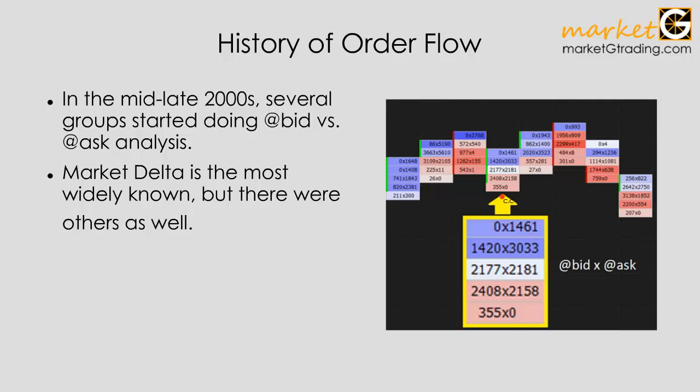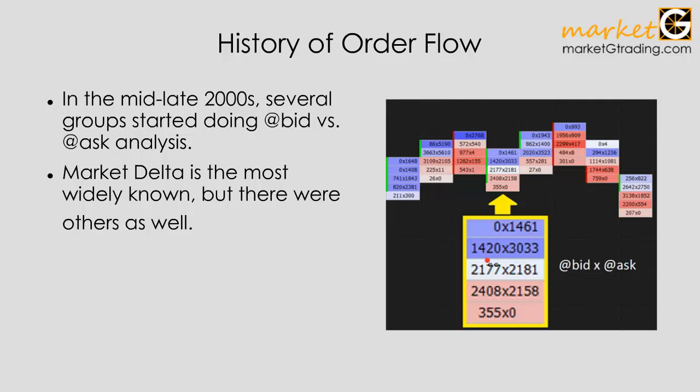Basically, they were looking at the volume at every price, but then breaking it down as to whether the trade was at the prevailing ask or at the prevailing bid at the time. So for instance, on the top row here, there were no trades at the bid in this bar, and there were 1461 at the ask.